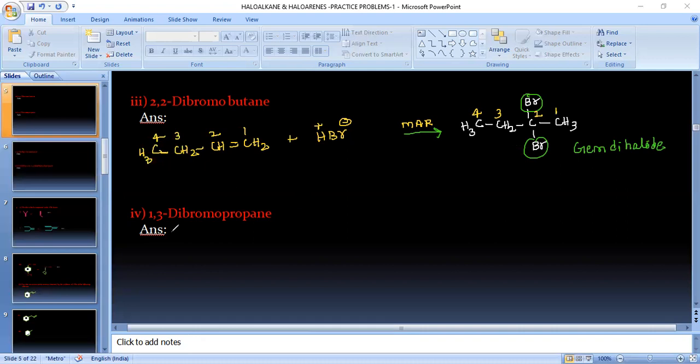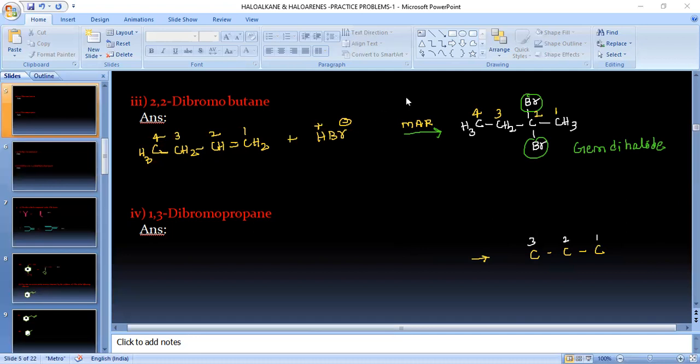Next, fourth one. What is that? 1,3 dibromopropane. First we need to write the product. Propane, 1, 2, 3. Just I am giving the carbon numbers like this.